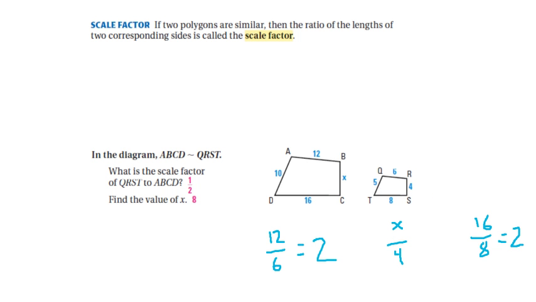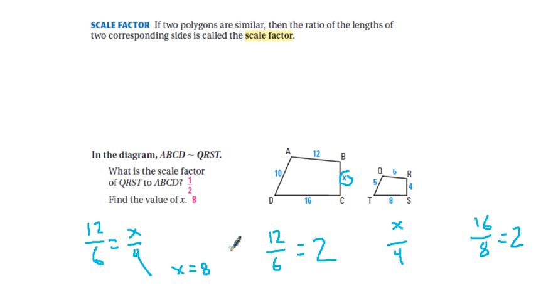So when we have this now, we also want to ask, how can we find this missing value here of x? Well, all we need to do is just set up the proportion. If you wanted to, you could go with AB over QR equals BC over RS. When you plug those in, 12 over 6 equals x over 4. You can do your cross multiplying, and you would find that x equals 8 as a result.